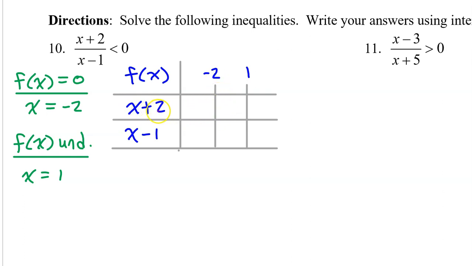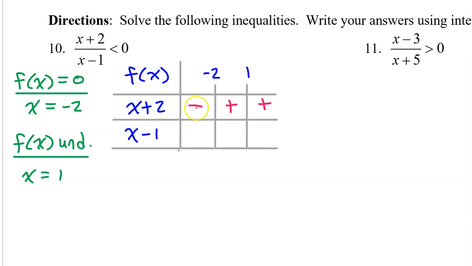In this case, x plus 2 is negative to the left of negative 2 and positive to the right. If that's not obvious to you, just pick some values to test. For example, a number to the left of negative 2 would be negative 3. If I plug in negative 3, that would be negative 3 plus 2, that's negative 1.